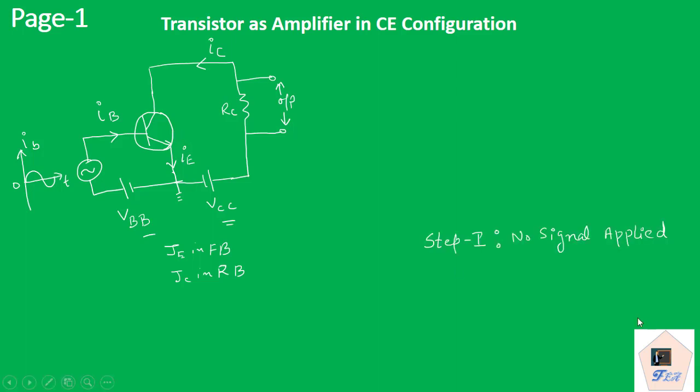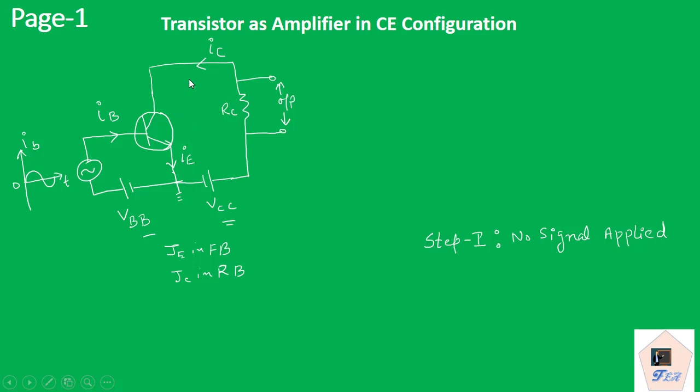Now, as the first step, if we do not apply any signal here, so under no signal condition, due to the bias voltage VBB, we'll have JE in forward bias, and as a result of that, a DC collector current will be flowing.